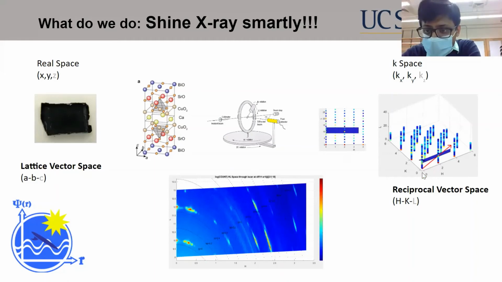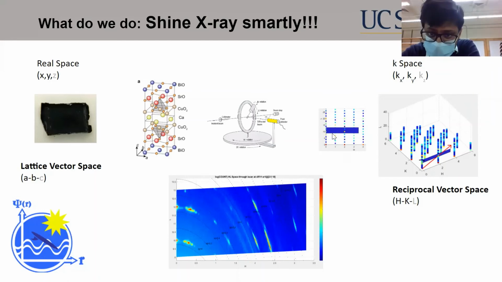Every point on the right-hand side is an intensity. If it is red, it's high intensity. If it's blue, it's low intensity. The blue patch here is where we take a reading.